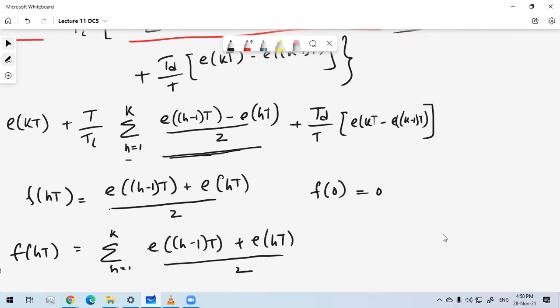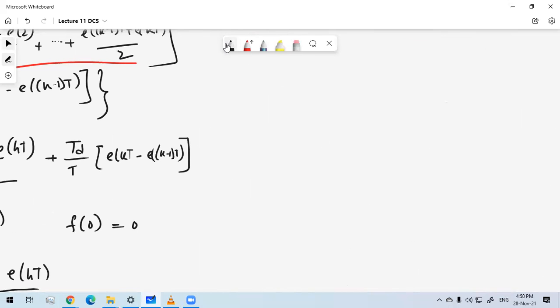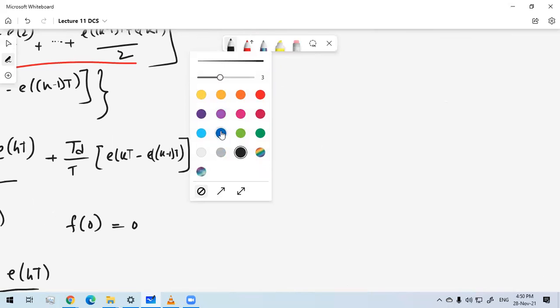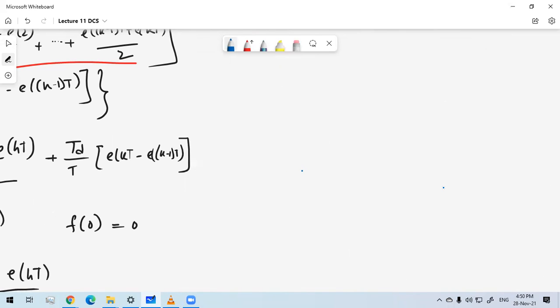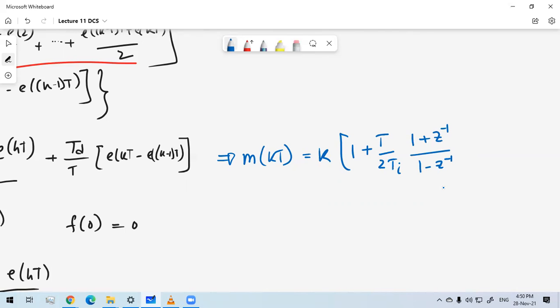Okay, so what we find now here is M(z) equal to K times (1 plus T by twice Ti times (1 plus z inverse) divided by (1 minus z inverse), plus Td by T into (1 minus z inverse)).